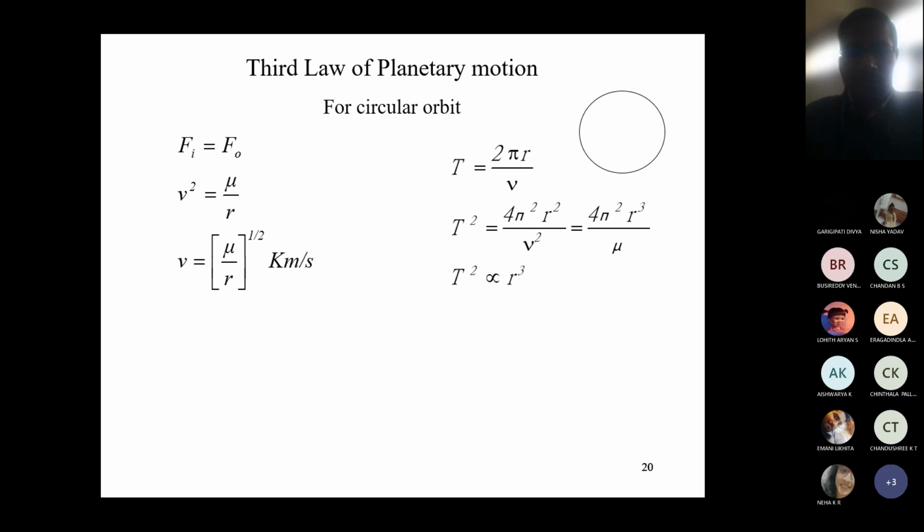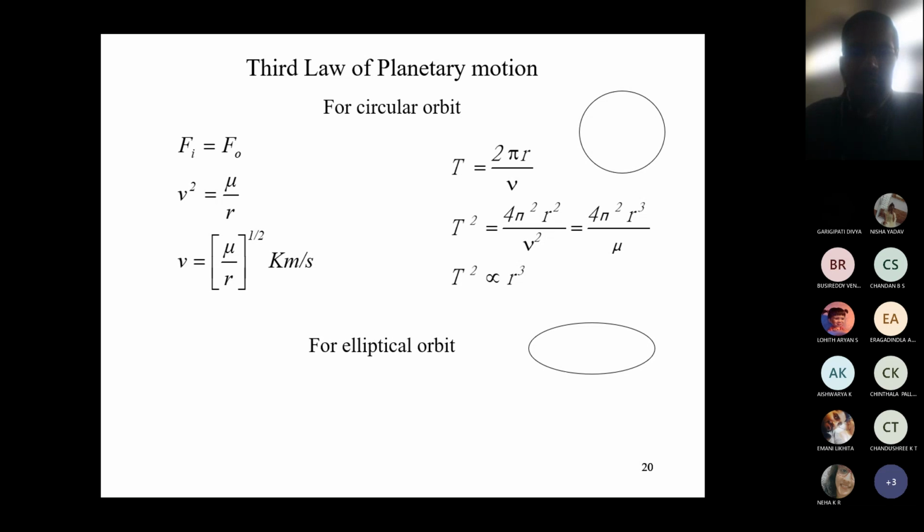We derived the expression of time period at which a particular object, the object is satellite for our purpose, and we have established a relationship that the square of the time period is directly proportional to the cube of the radius of the orbit in which an object or the satellite is rotating. So that was the third law of Kepler, or the third law of planetary motion.